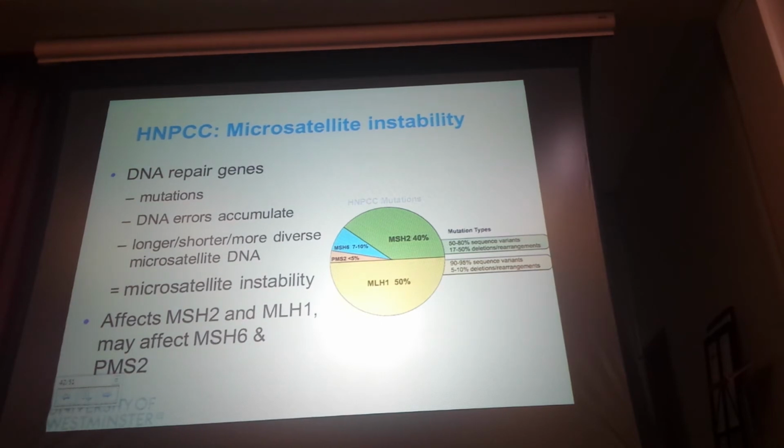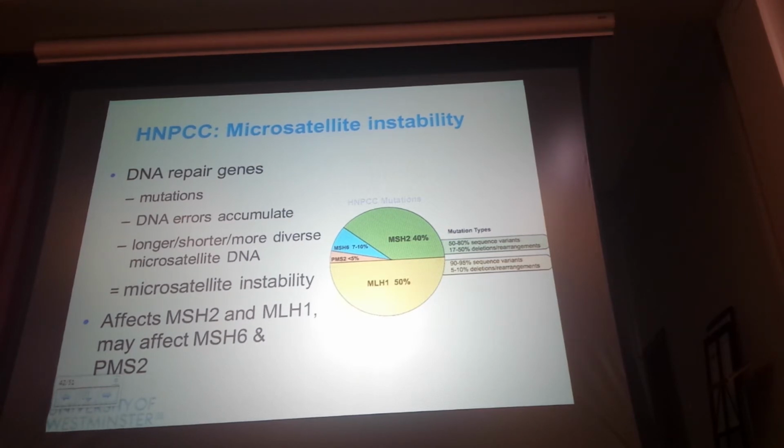So in HNPCC, you have different genes which are found to be mutated, and they are DNA repair genes. And these genes are MSH2 or MLH1 or sometimes MSH6. The most frequent mutation reported in HNPCC is in MLH1. You have 50% of this type of cancer who have a mutation in MLH1.